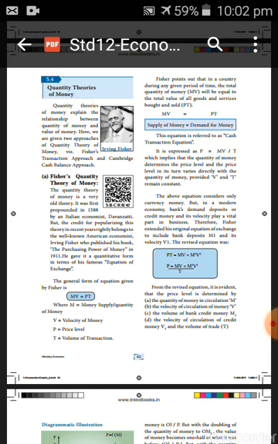Quantity of money determines the price level, and price level differs directly with the quantity of money.